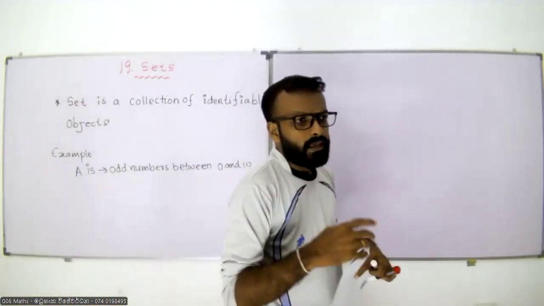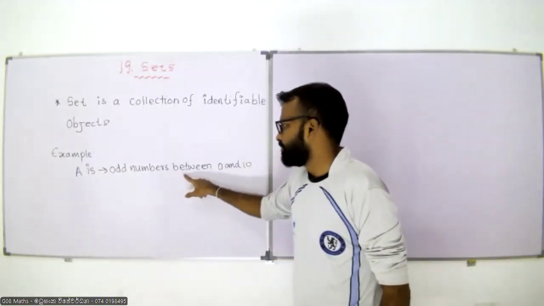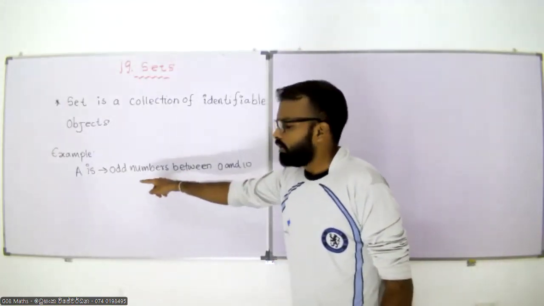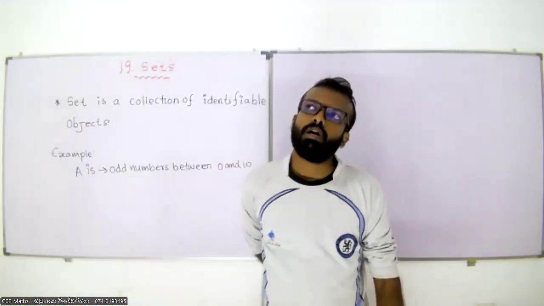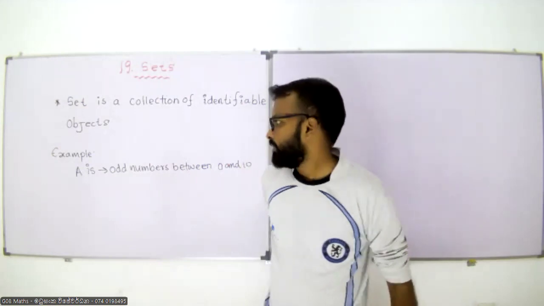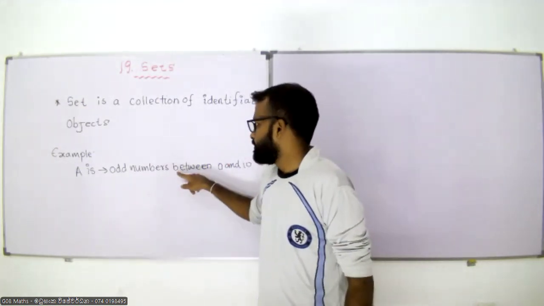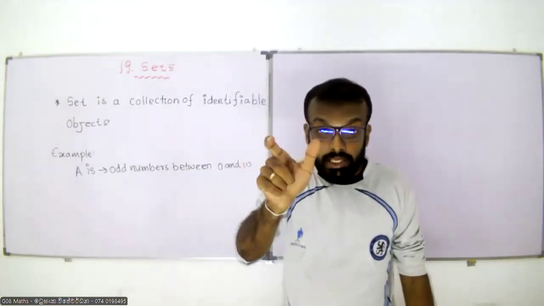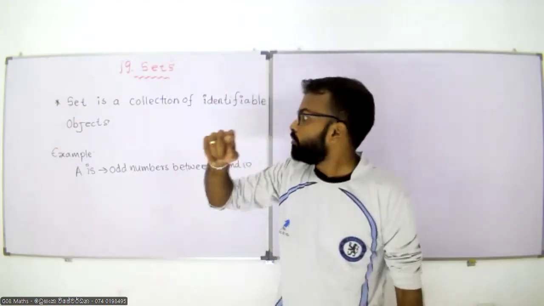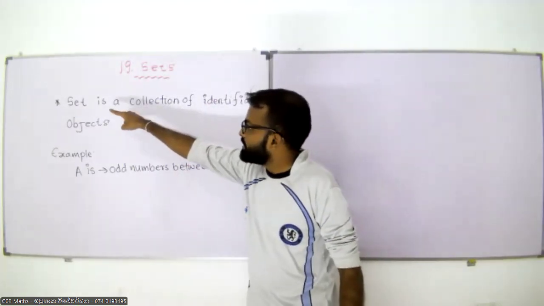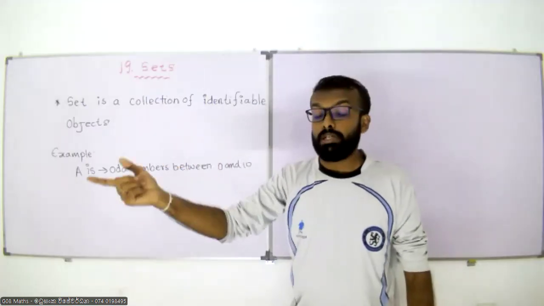The most important thing you need to understand here is this word. You know what the odd numbers are: 1, 3, 5, 7, 9, between 0 and 10. Here you have a set, which is a collection of identifiable objects.